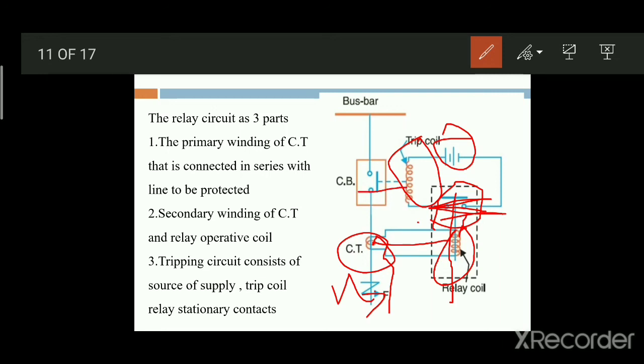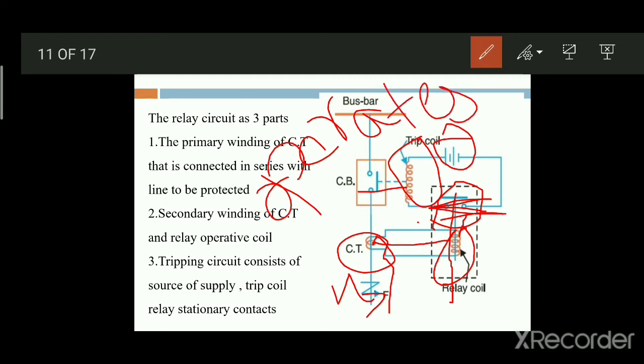In that case only the circuit breaker operates, when the tripping signal is given to the circuit breaker.